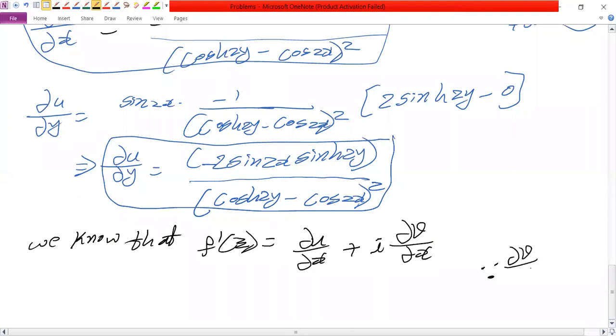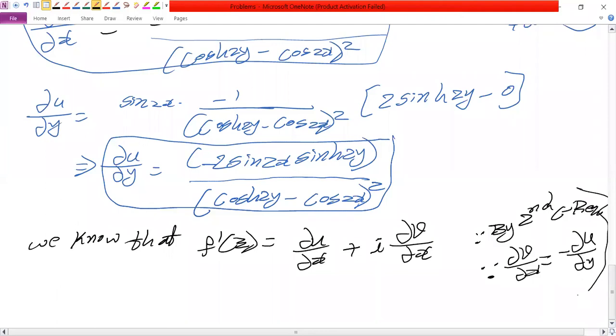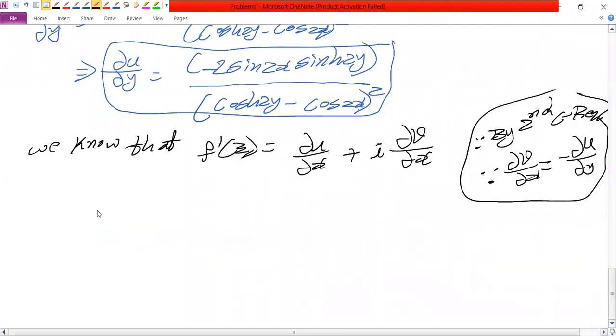So dou v by dou x we have to rewrite as minus dou u by dou y. By using which property? By using the second Cauchy-Riemann equation, writing this, we get simply f dash of z equals dou u by dou x minus i into dou u by dou y.